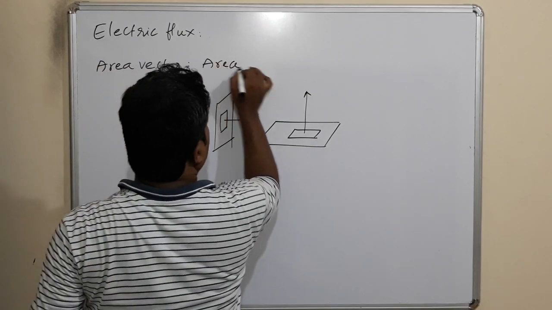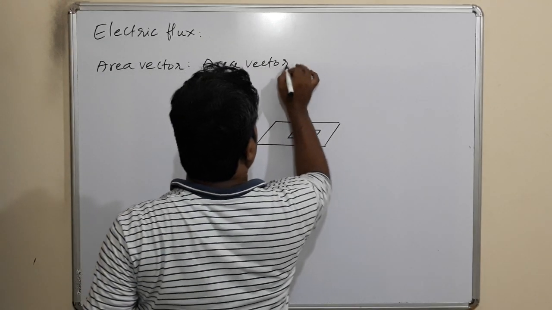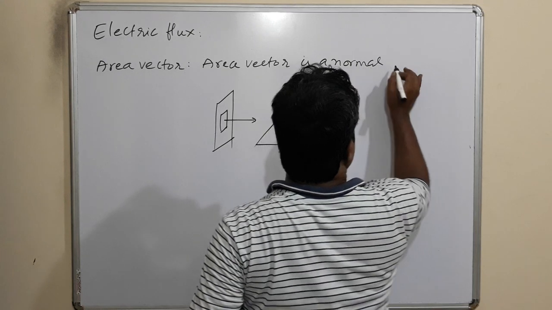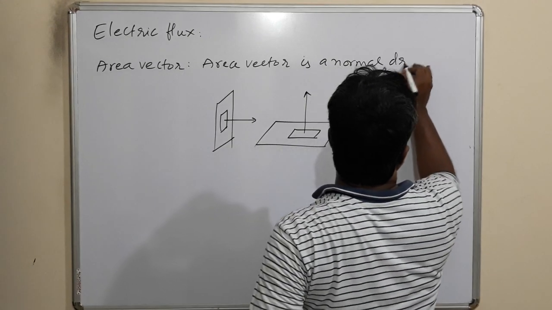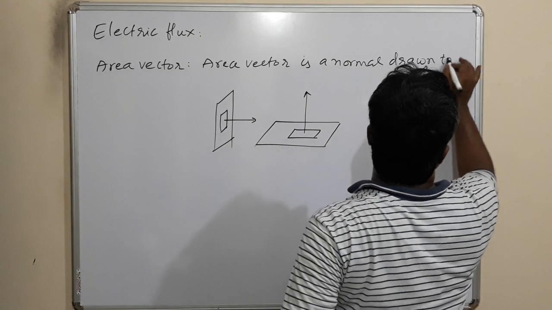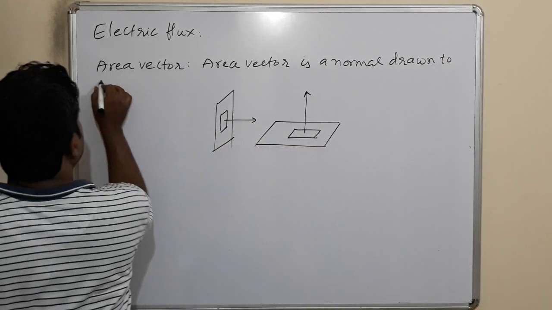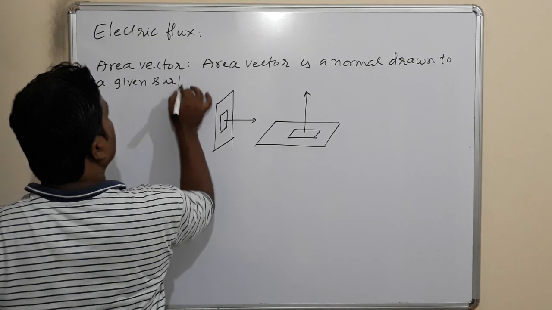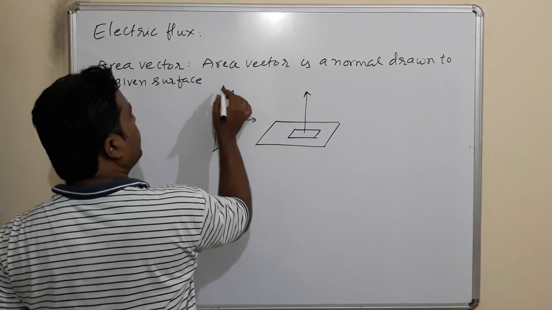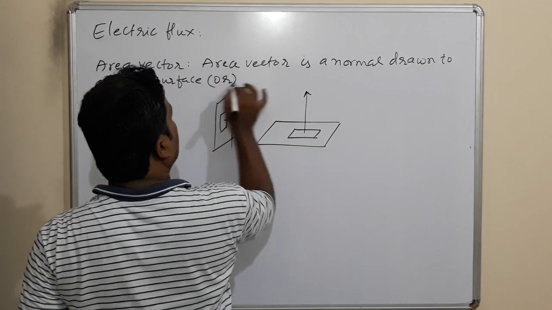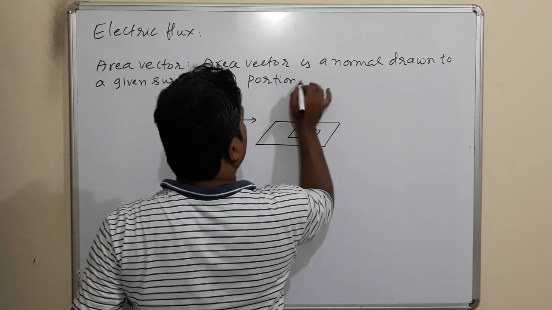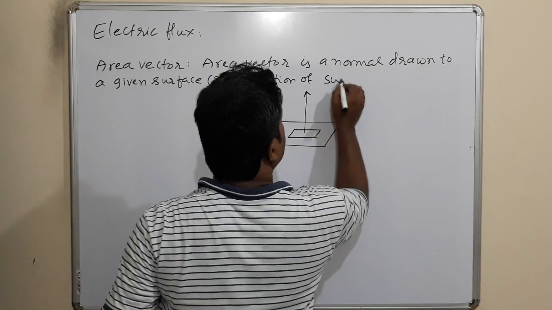Area vector is a normal drawn to a given surface or portion of a surface.